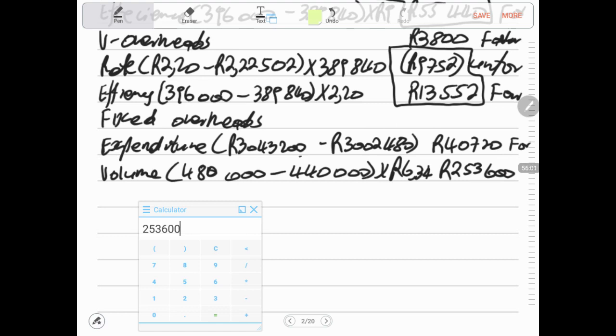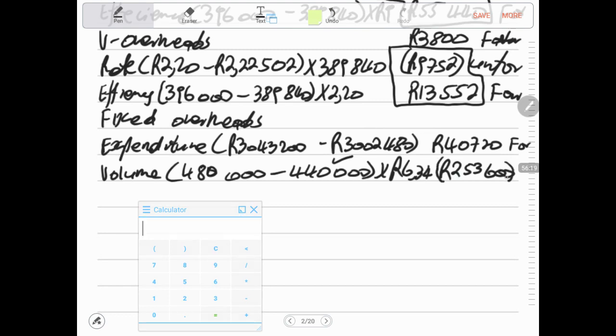This is what we're supposed to have, but this is what we budgeted. So now that variance again becomes unfavorable, and it will be negative.